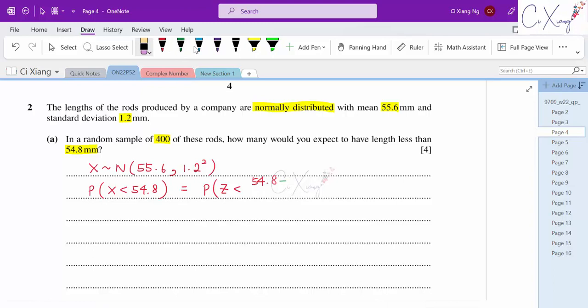The mean given here is 55.6, divided by the standard deviation, which is 1.2. We get the value of Z to 3 decimal places as negative 0.667.